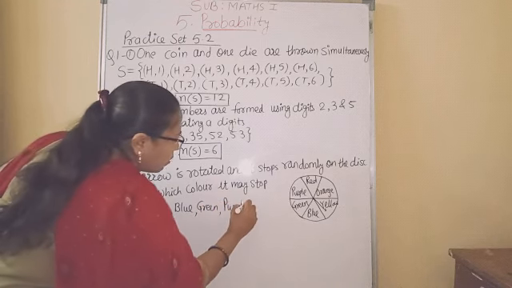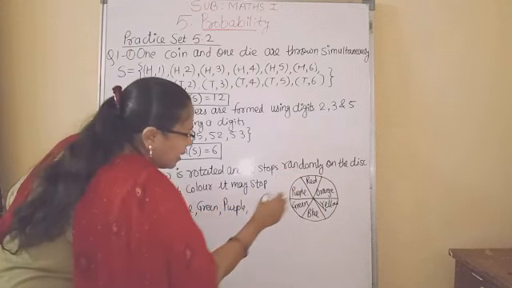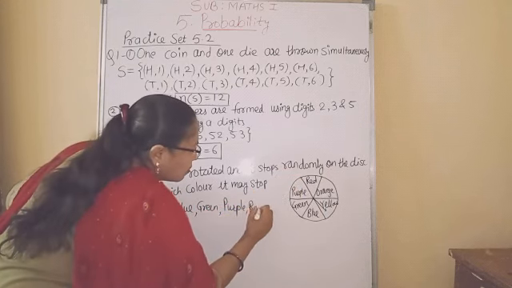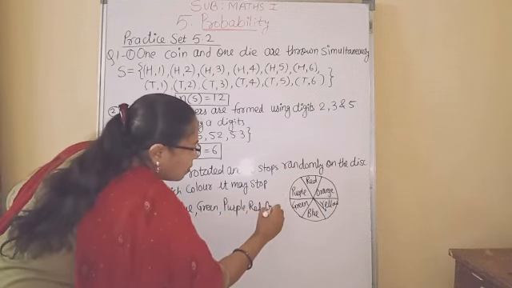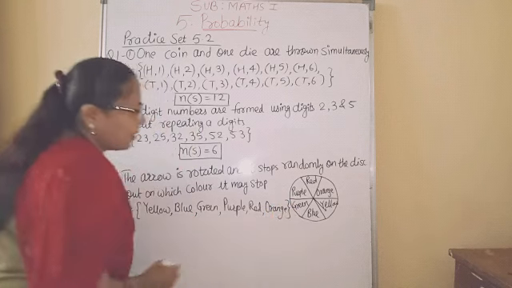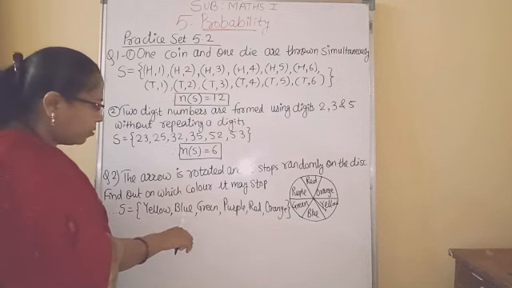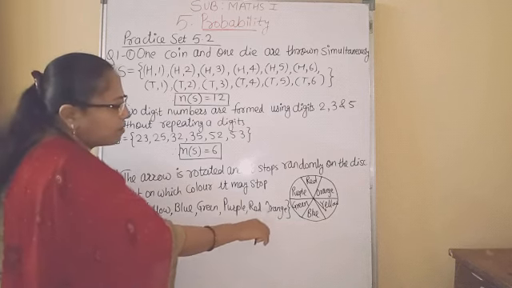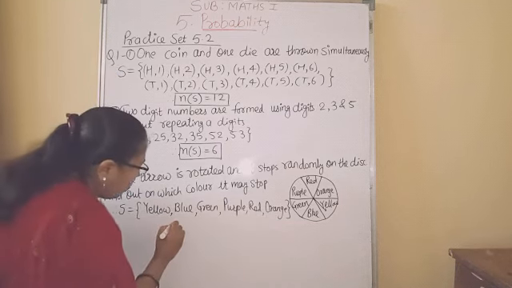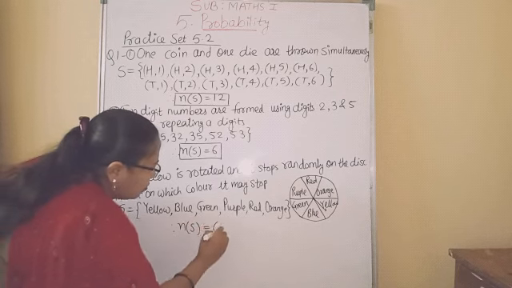All colors given in this figure we have to write here, then red, and then last orange. Then close the bracket. So how many possibilities are there? 1, 2, 3, 4, 5, 6. And therefore n(S) is equal to 6.